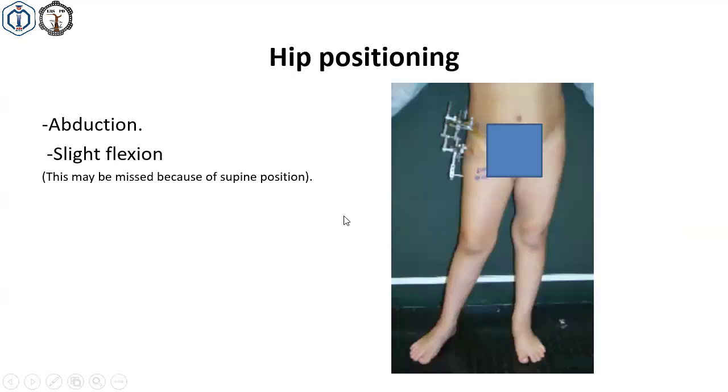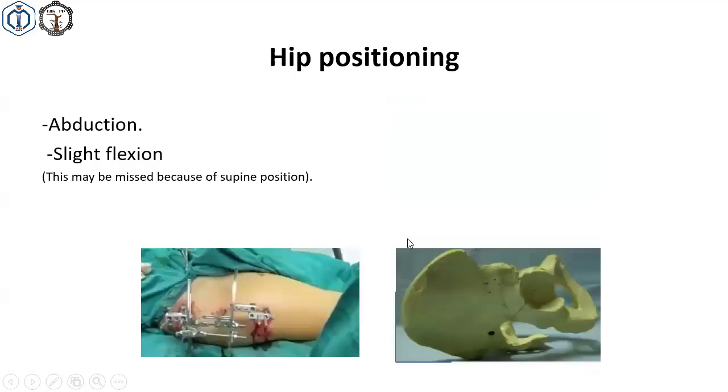The position of the hip while applying the Elizarov and throughout the movement is the position of containment of the head, which is some sort of abduction and a slight flexion.